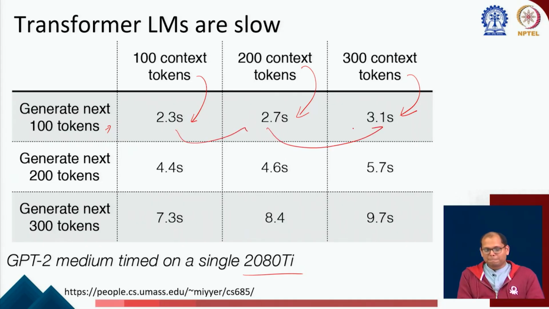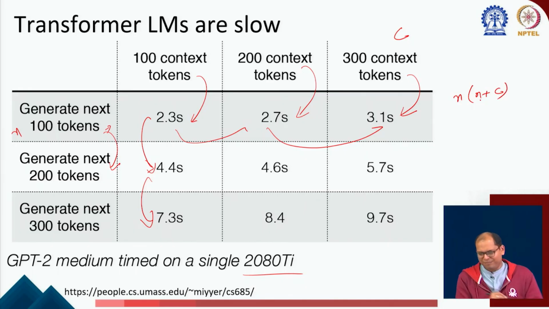But what happens if you generate 100 to 200 tokens? So you see the time increase, right. So this is just n square of the tokens that you are generating, right. So if c is the context and n is what you are generating, it will be n times n plus c typically, right.